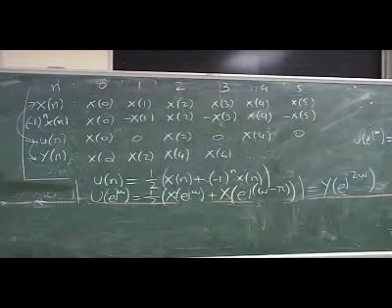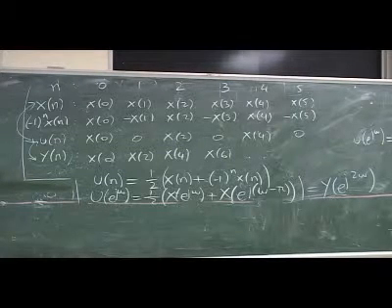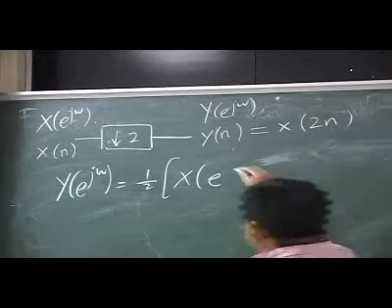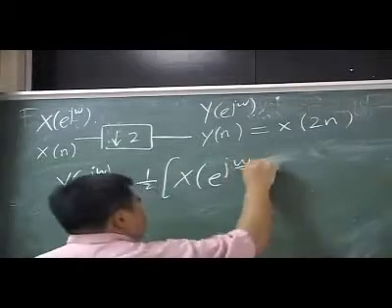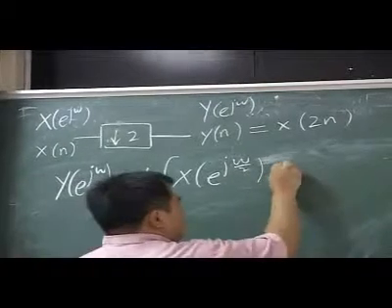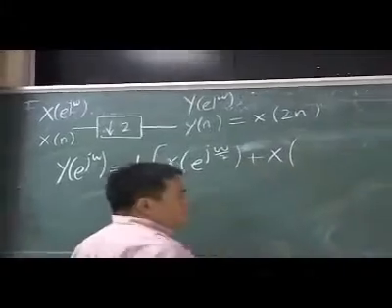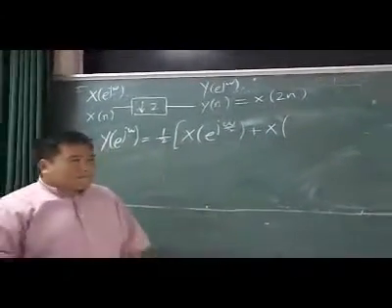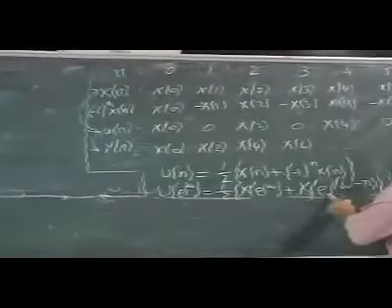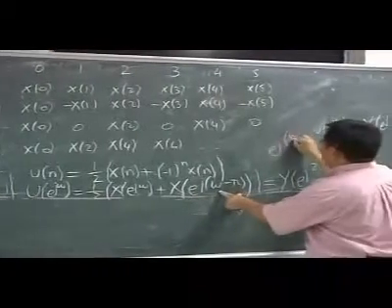Y of e to the j omega equal to 1 half x of what? 1 half. Over here is x of. So we have, let's see, here, right? So e to the j omega over 2 minus pi.